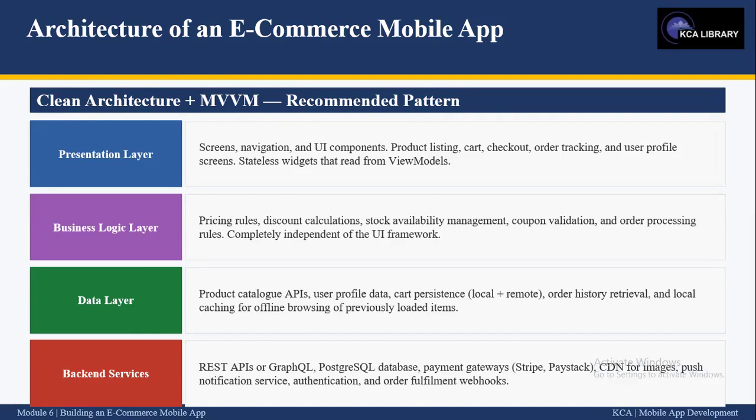The mobile front end interacts with a back-end API layer, which manages the database, product inventory, and user sessions. Whether you are using a monolithic approach or microservices, the architecture must ensure that heavy operations such as processing payments or generating invoice PDFs do not block the main UI thread.